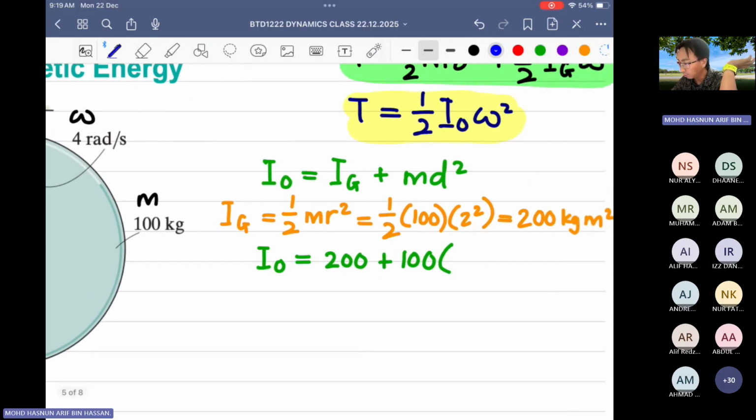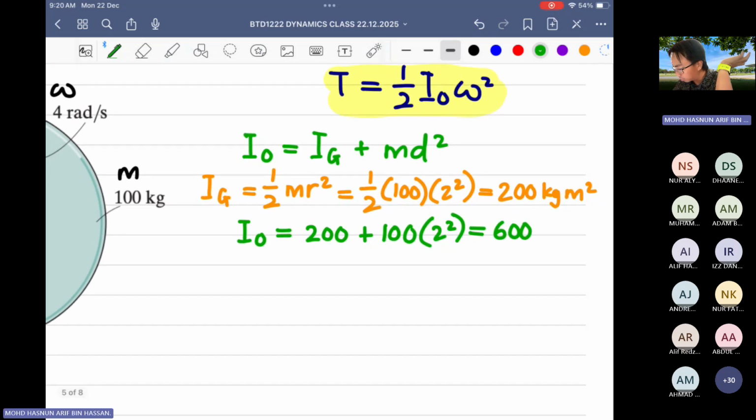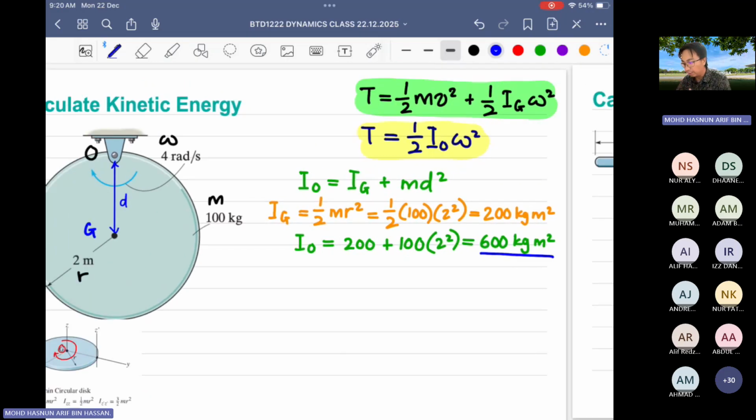So we key in 2 square also. IO will be 200 plus 100 times 2 square, so you get 600 kg meter square.